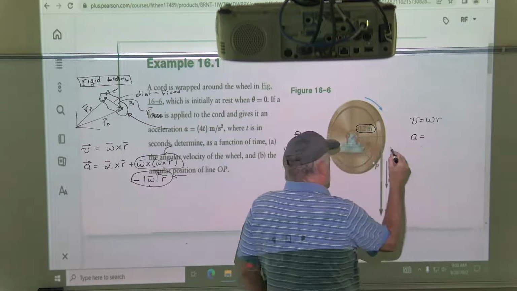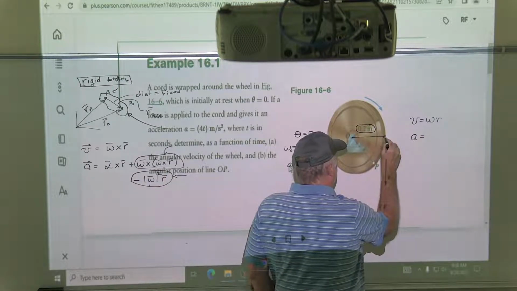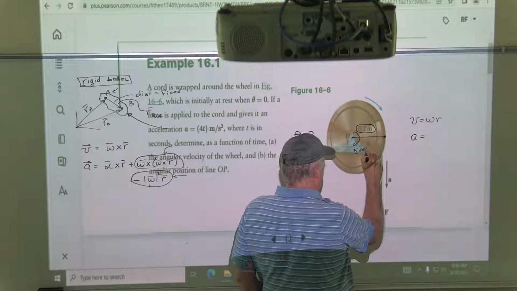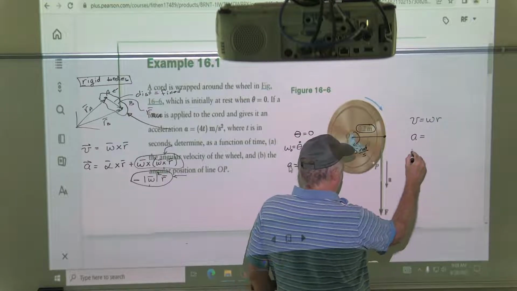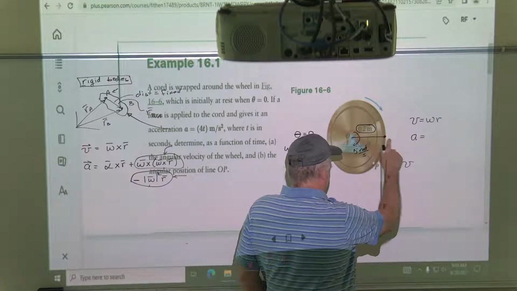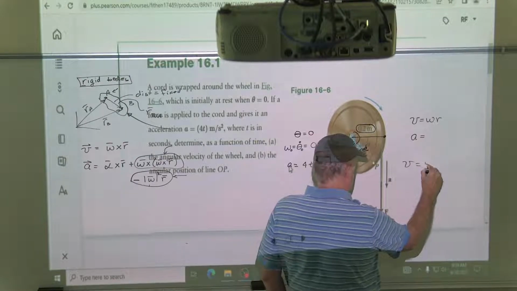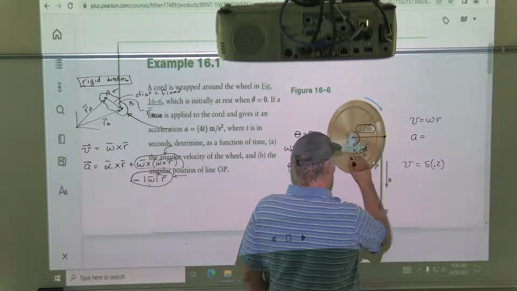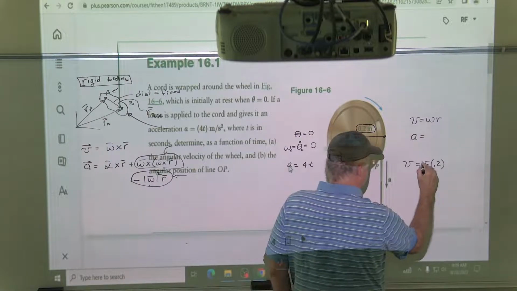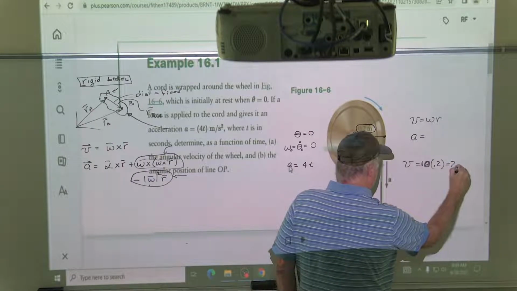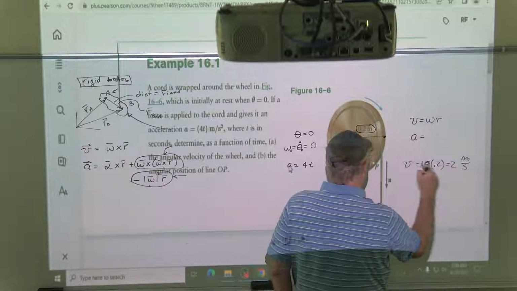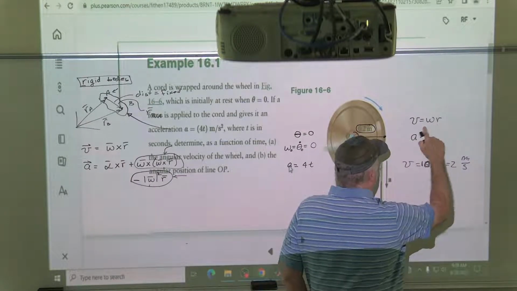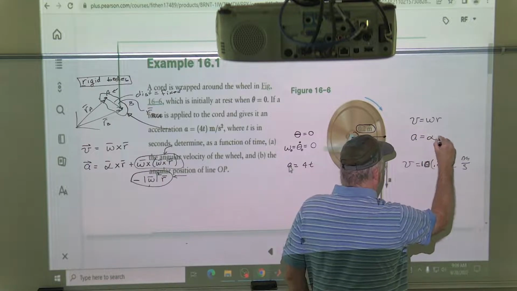If you wanted to know the velocity at this point, and say this is going 5 radians per second, I'm just making stuff up, then the velocity of that point is equal to 5 radians per second times 0.2 meters. How about I make it 10. That gives you 2 meters per second for this end point. If r remains fixed, you take a derivative and you get this.